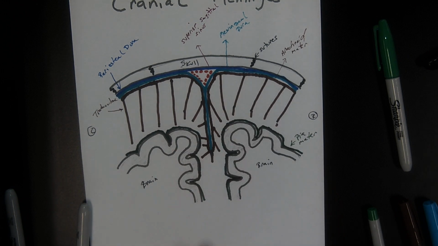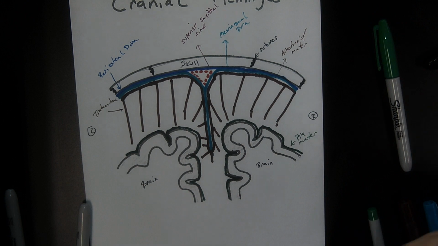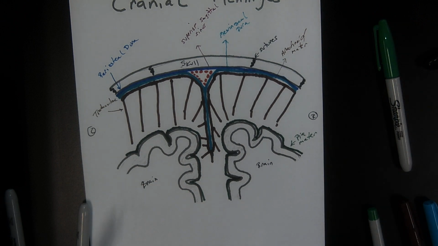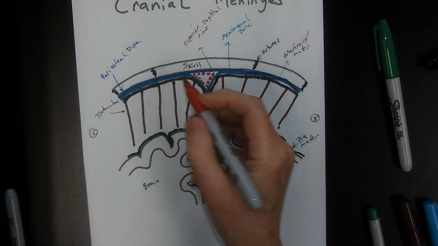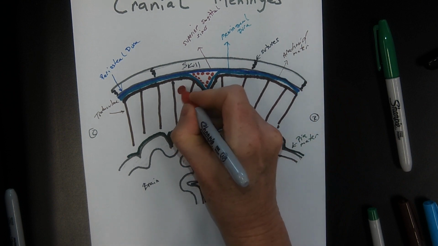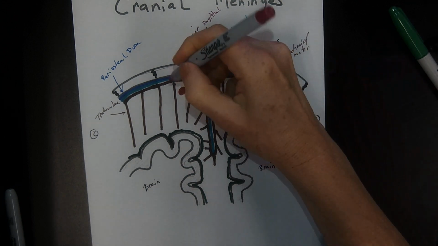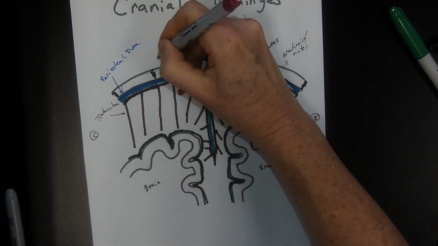Okay, so come all the way down there. Now, we talked about the fact that we have veins in here. I'll make them purple. So we're going to have cerebral arteries. Okay, so here's going to be a cerebral artery in this space. So in your subarachnoid space.